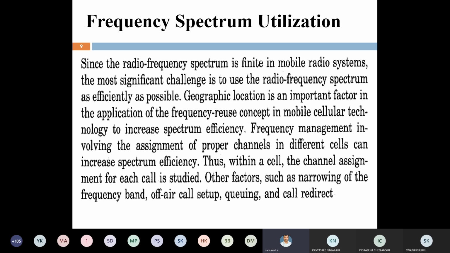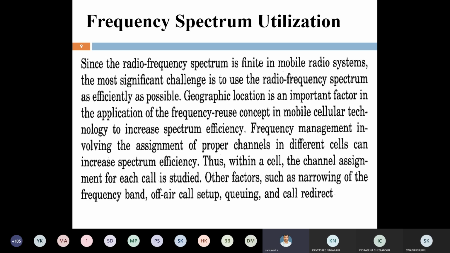At that time, how do we utilize the available frequency spectrum for all users? That is the concept of frequency spectrum utilization. The number of customers is increasing, but the frequency spectrum is finite.